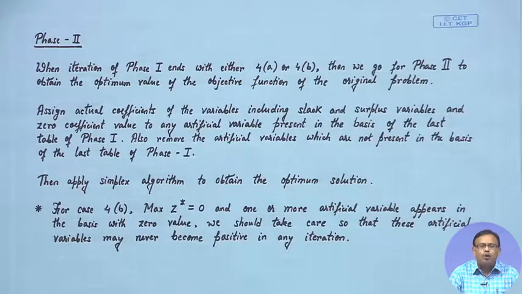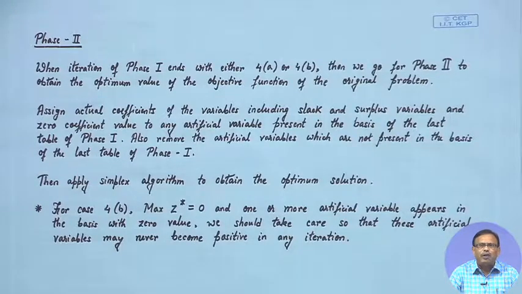As I have told at the beginning itself, at first we created one auxiliary objective function, where the coefficients of the variables were not the same as the original problem, but we assigned 0 values to all decision variables and slack and surplus variables, and we assigned -1 coefficient to the artificial variables.